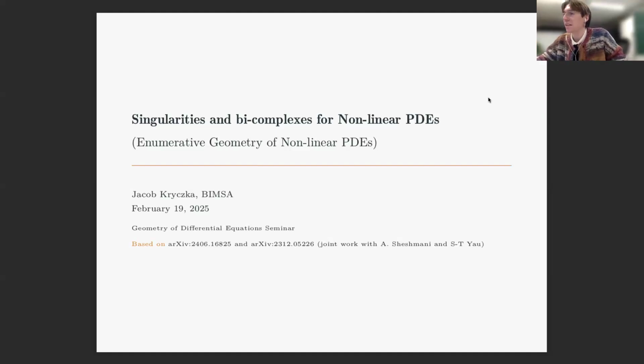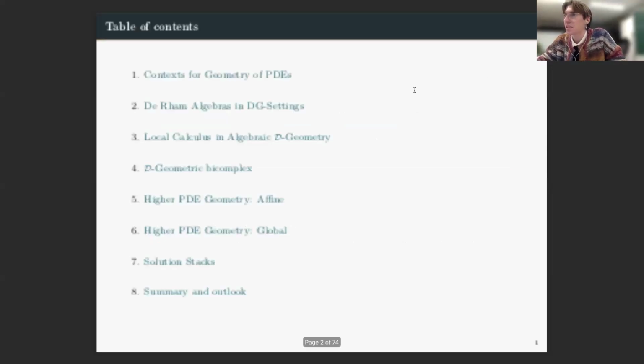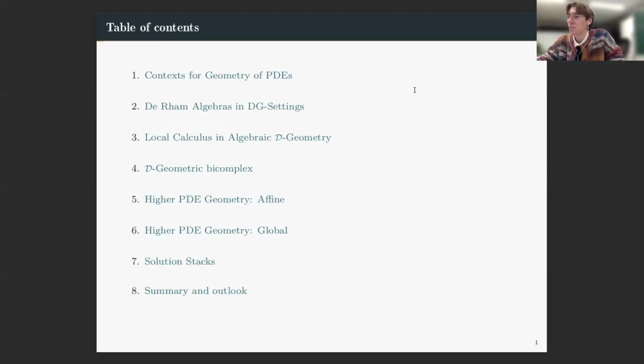So I'm very happy to get the chance to interact with this community of researchers and talk about something I find very interesting, which is this geometric setting for PDE in various maybe non-conventional contexts.